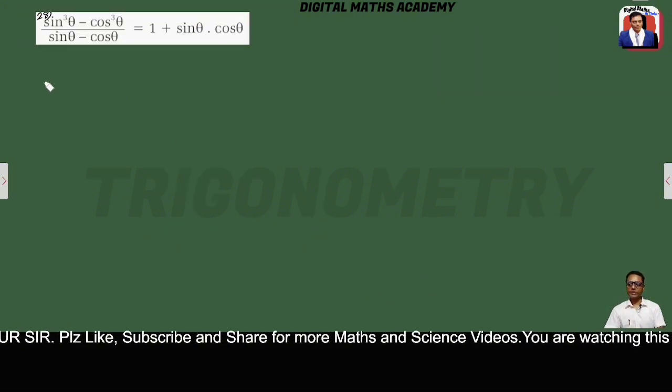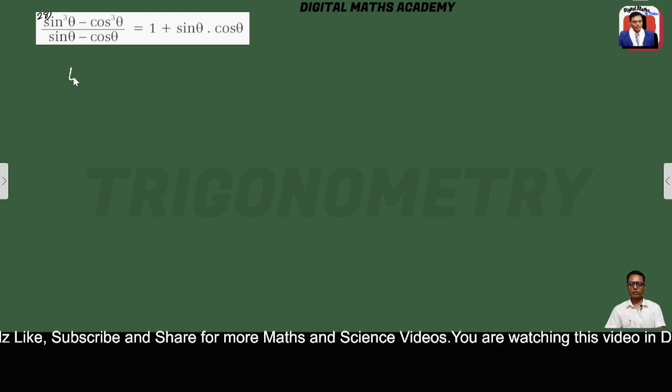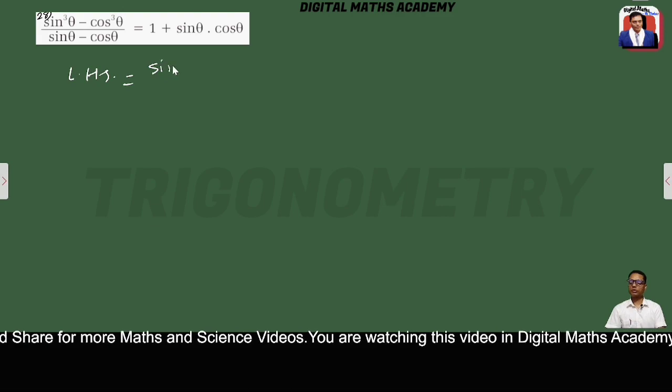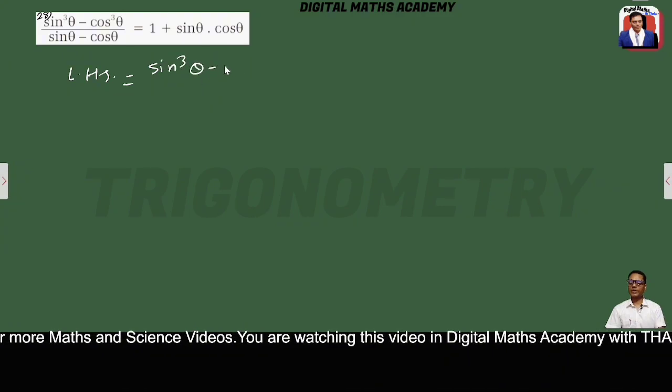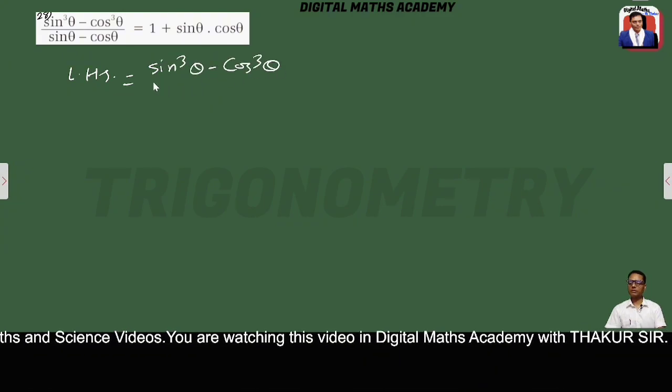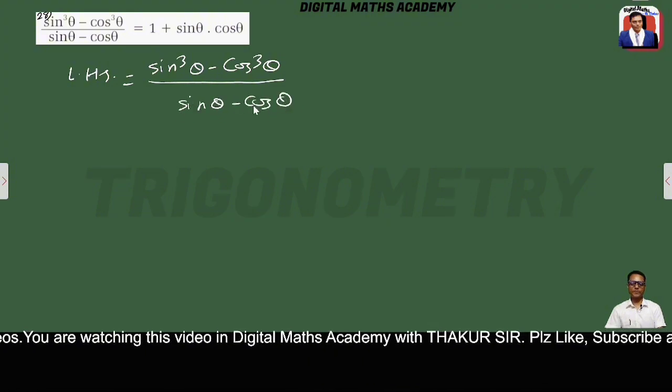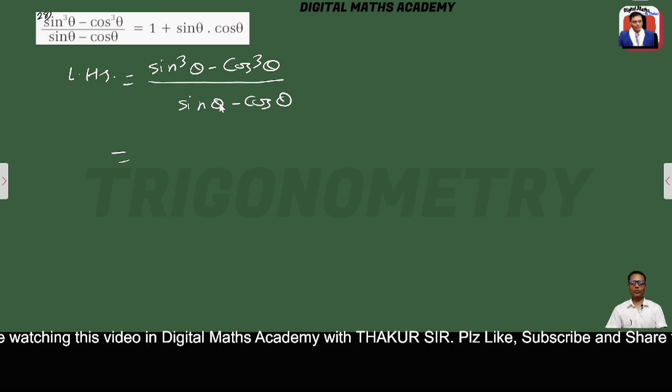Identity number 28. So it's a very easy question. So we choose here the left hand side. Left hand side equals sin cube theta minus cos cube theta over sin theta minus cos theta. So we apply the a cube minus b cube formula at the numerator.